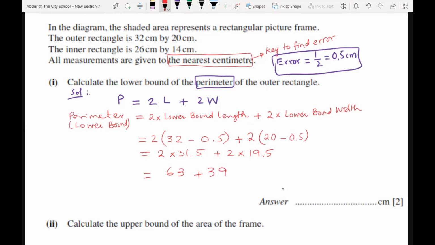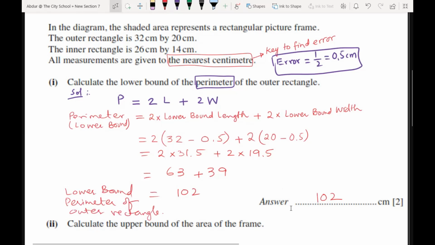So 63 plus 39 will be 102. Don't forget to write answer in the answer space. This is 102 centimeter, lower bound perimeter of outer rectangle.